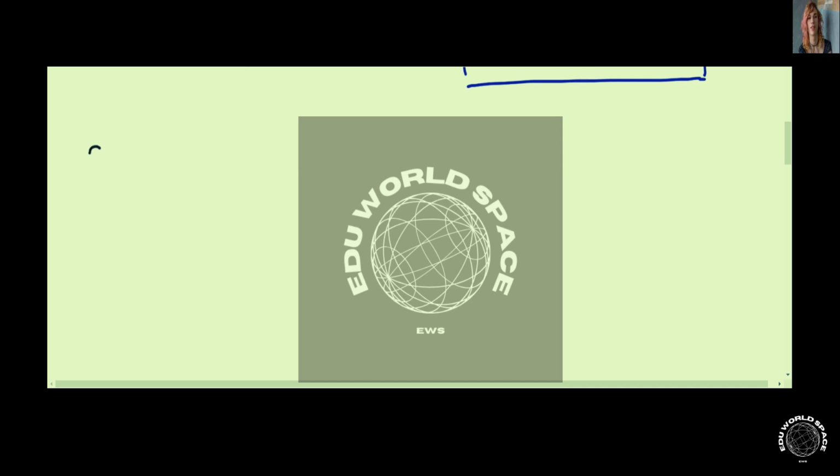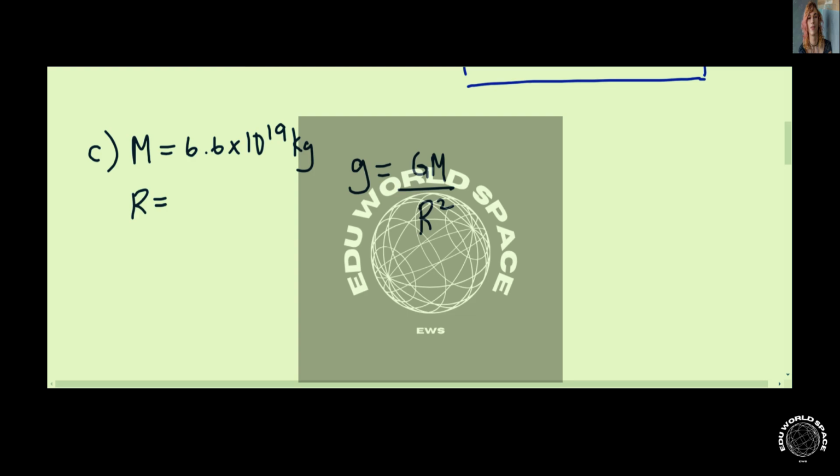In part C, we are asked to calculate the acceleration due to Miranda's gravity at the surface of Miranda. So this is a similar calculation to the ones we've just done. We are going to still use g equals GM over r squared, but now we're going to use the data that pertains to Miranda specifically. So the mass was given as 6.6 times 10 to the 19 kilograms, and the radius is 235 kilometers or 235,000 meters.